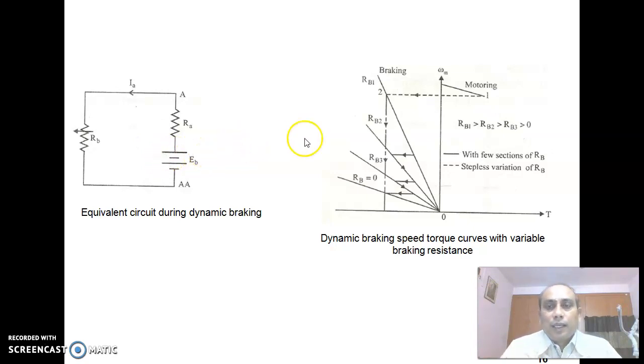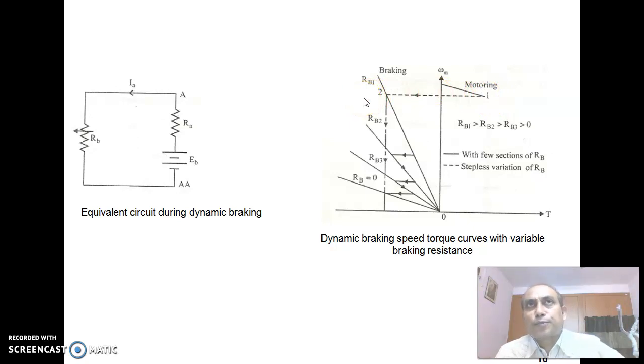When the motor was operating at point 1, that is in motoring mode, it was in the first quadrant. When the machine is in the braking mode, the operating point shifts from 1 to 2, that is in the second quadrant. See this figure.